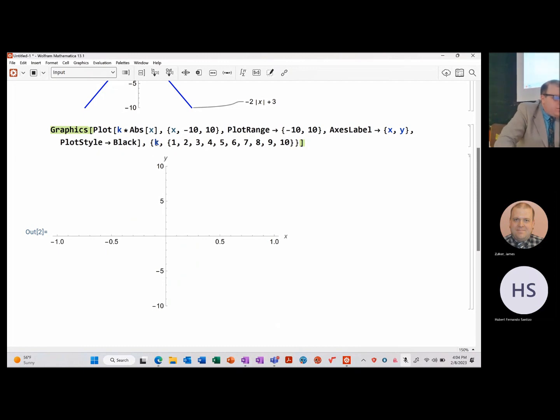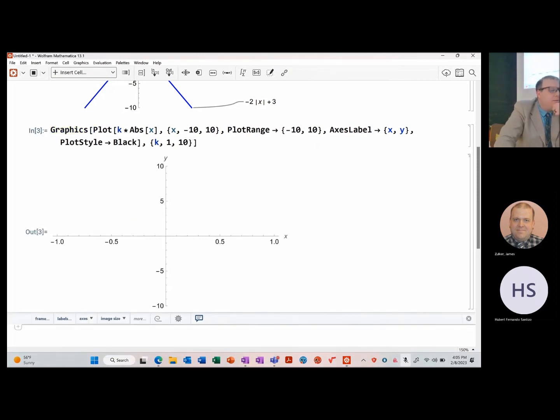Okay, so for some reason it doesn't like this command. No, that shouldn't be there. Oh, crap.